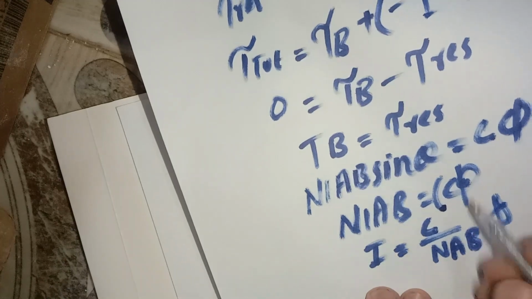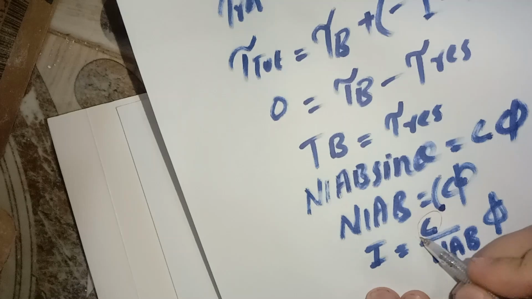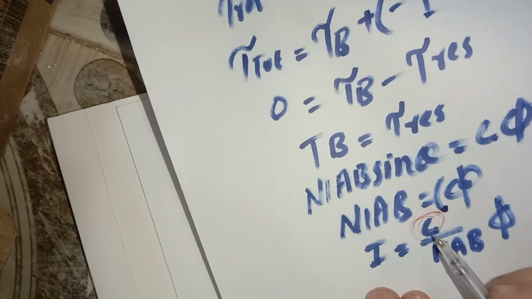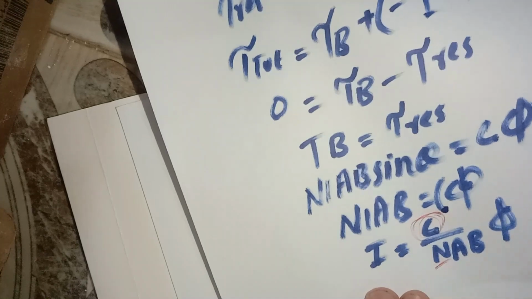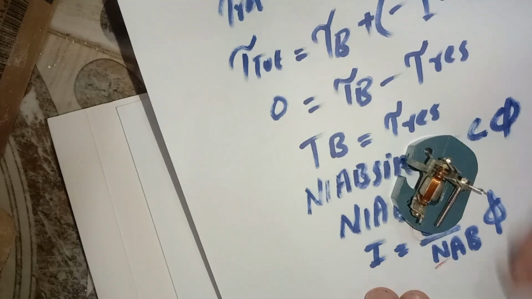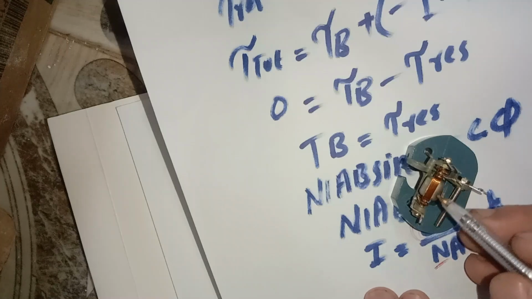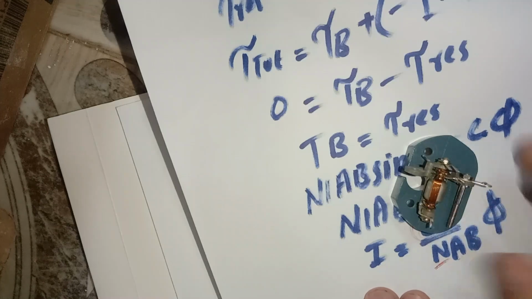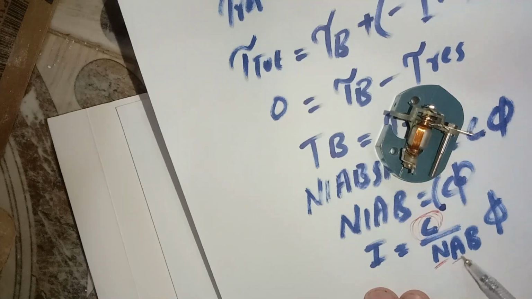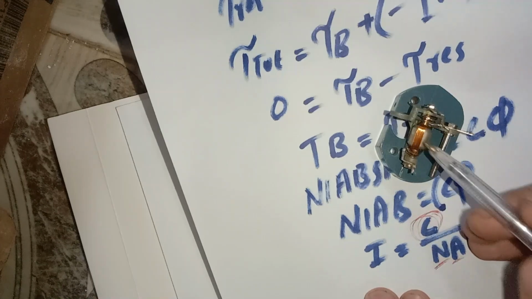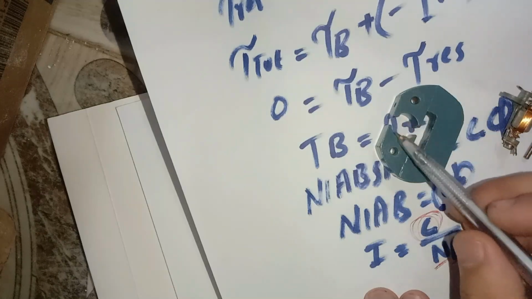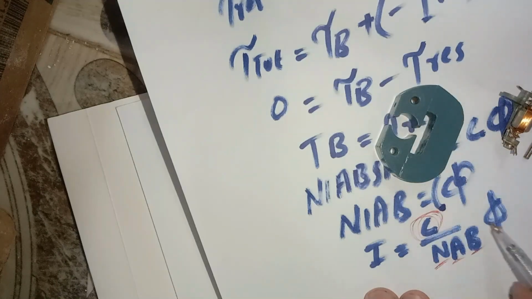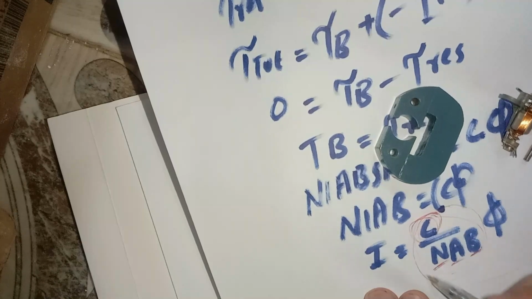Here C is the constant of proportionality for the restoring force. Similarly, N is the number of turns on this coil, which is constant, A is the area of this coil, which is also constant, and B is the external magnetic field, which is constant for this device. So these all are constants.